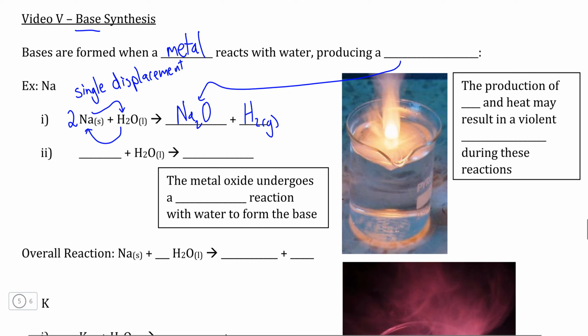Instead, we have this compound here, which is an ionic compound that can more specifically be classified as a metal oxide ionic compound, in this case, sodium oxide.